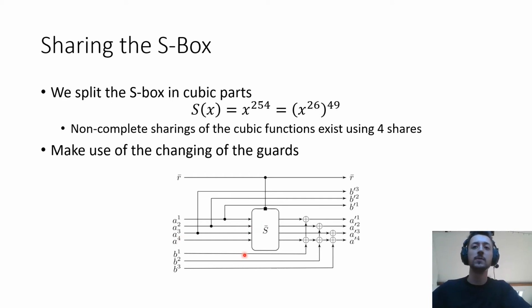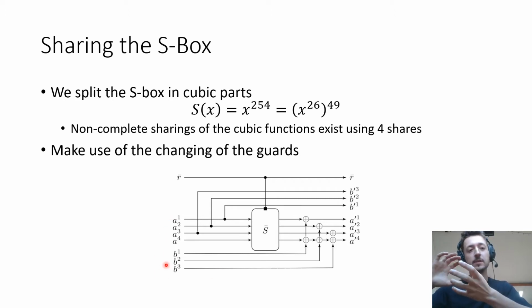The idea is to take a non-complete sharing, let's call it S bar, to take the inputs to S bar and calculate the output, but to branch off all but one of the shares of the input, and to use input shares from another shared S-box and XOR them to the output. You can see that this way, B prime, A prime is a permutation with respect to A and B.